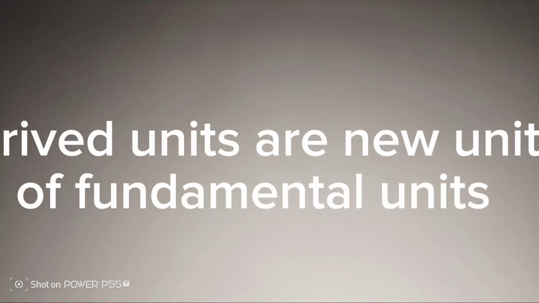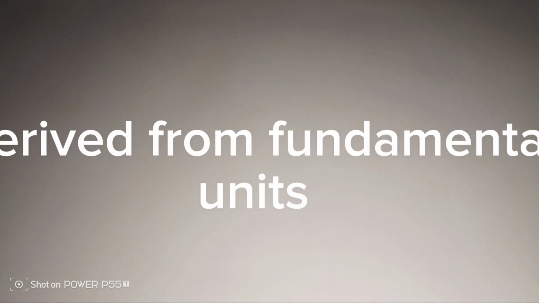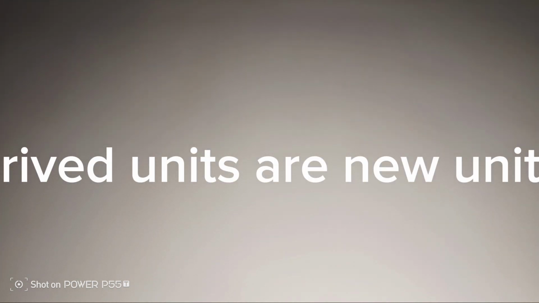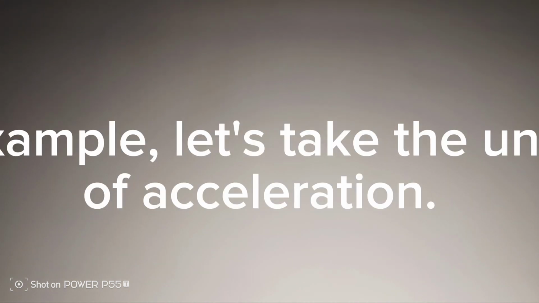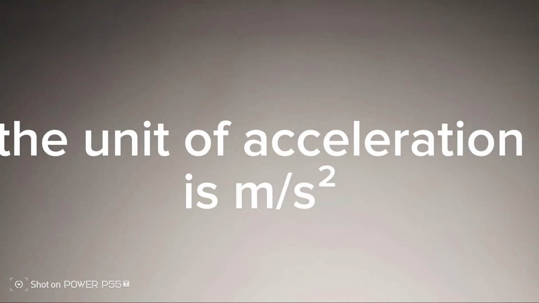Derived units are new units formed from the combination of two or more fundamental units. For example, the unit of acceleration is meter per second squared.